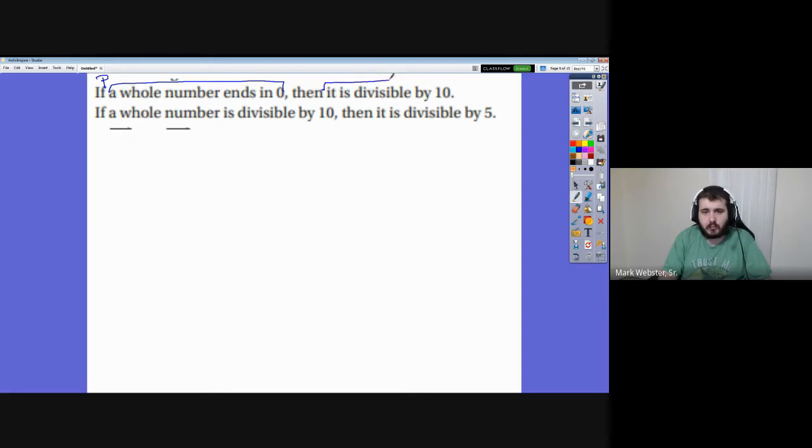That'll be our Q. So now let's look in the second one. A whole number is divisible by 10. So that's a Q statement, right? Being divisible by 10 is about what we're talking about for Q. And then it is divisible by 5. That can be our R, because that's a new thing.